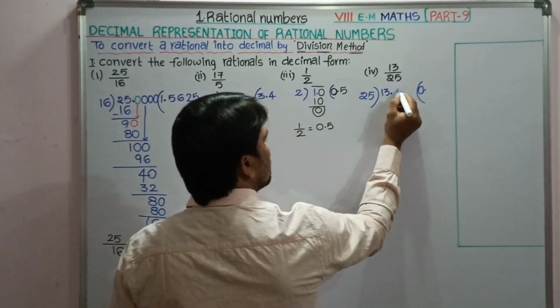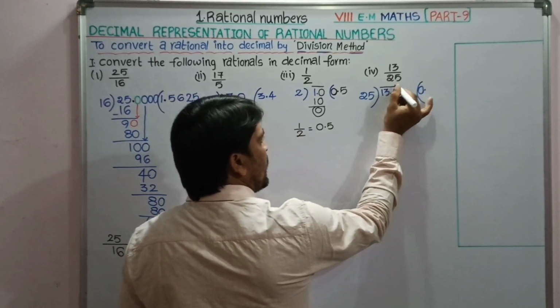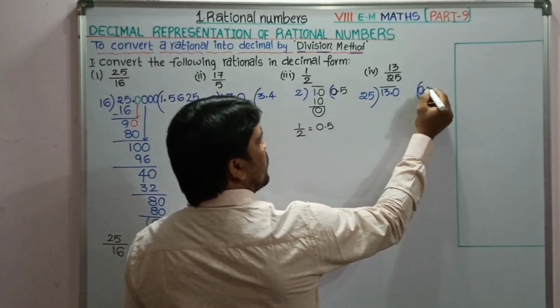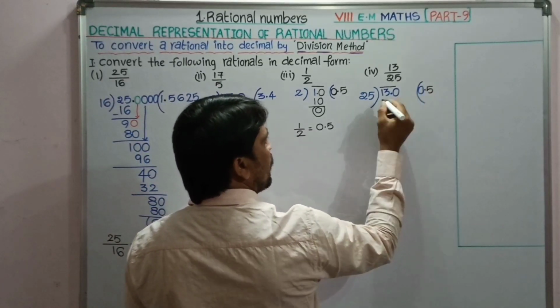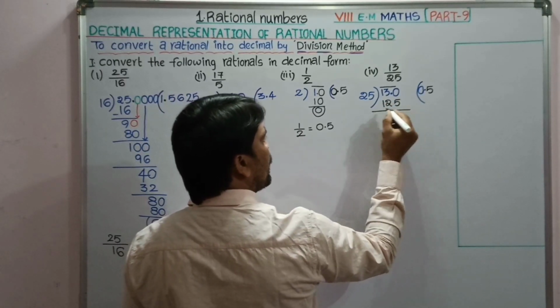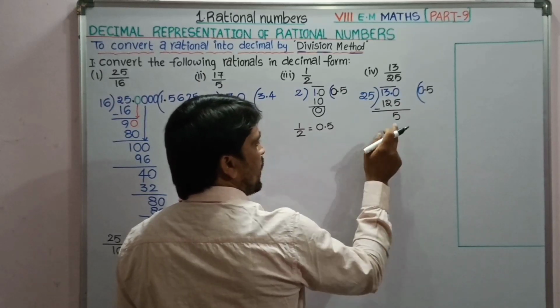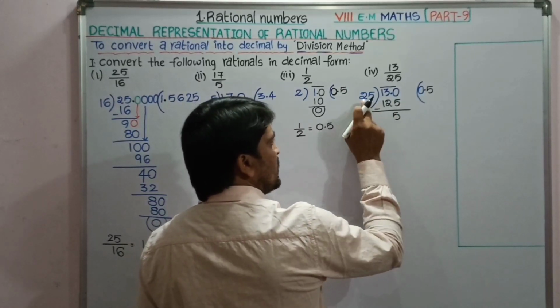Now we consider 0 here, so it reads as 130. 25 5s are 125. 130 minus 125 is 5. Again the new dividend is less than the divisor.